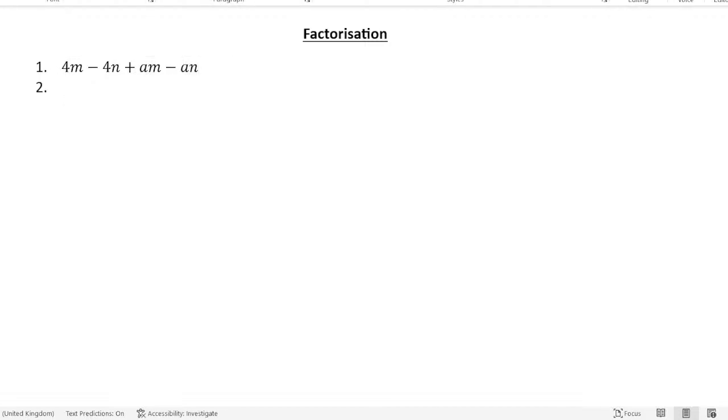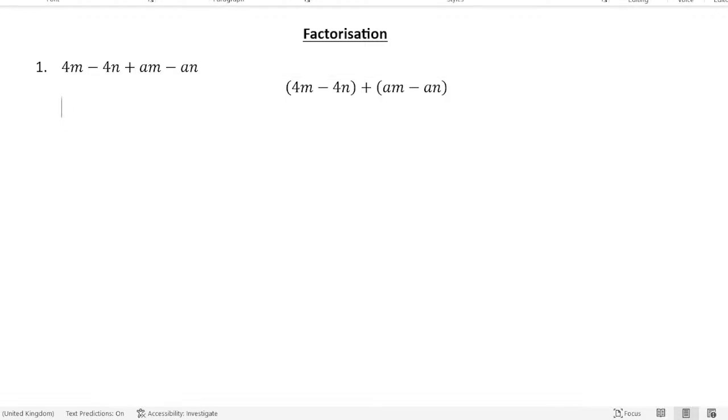So we'll have open brackets 4m minus 4n close brackets, then plus open brackets am minus an, close brackets. As you can see, we have a common factor. What is our common factor? Our common factor is 4, and here our common factor is a.